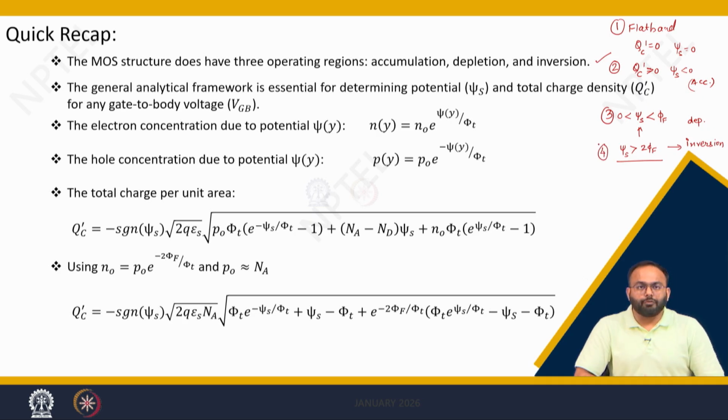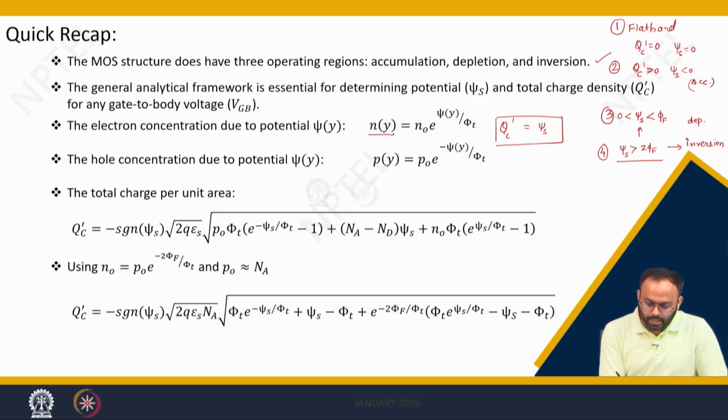Then we started formulating a general relation between the channel charge and the surface potential. By following the junction law, we started our analysis considering it as a function of y. So, this was the y direction, this was the x direction.